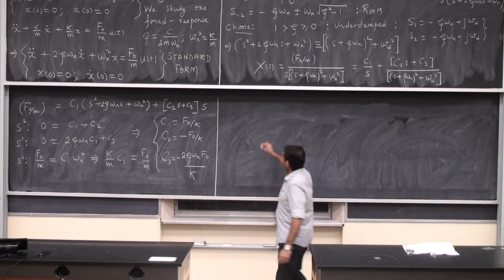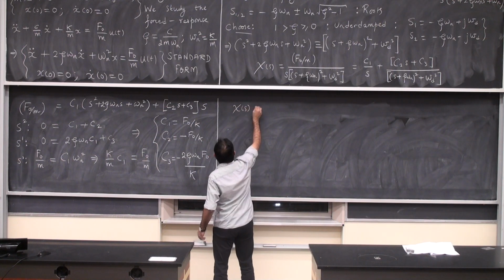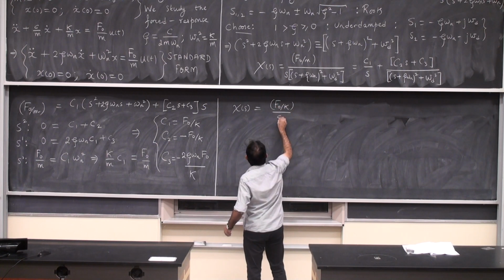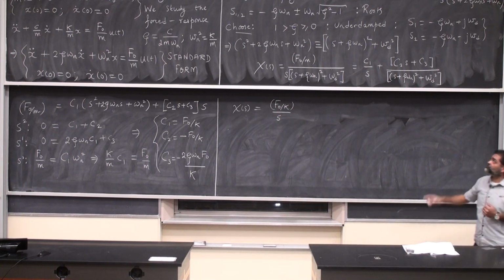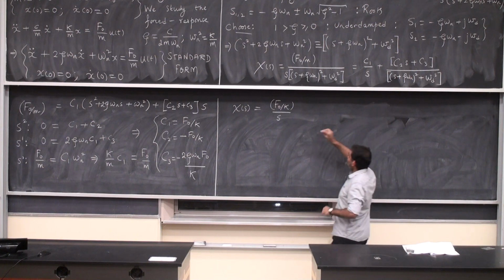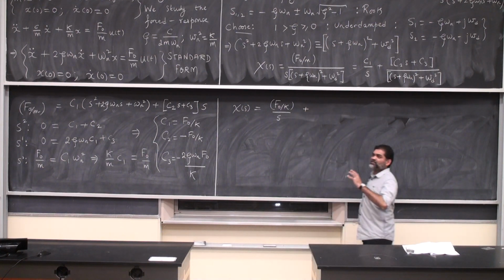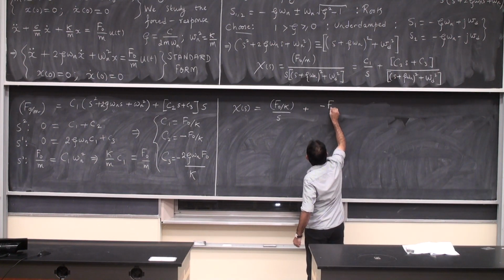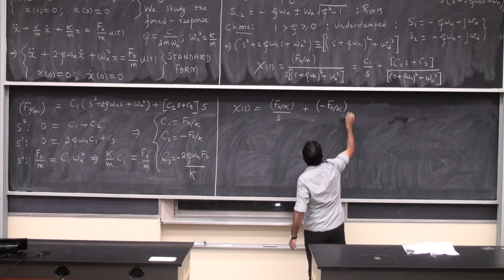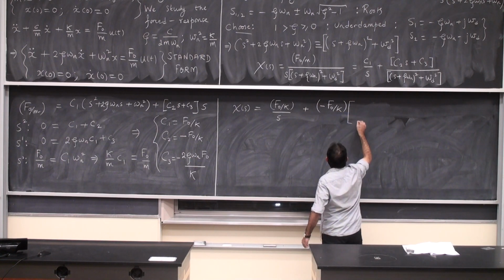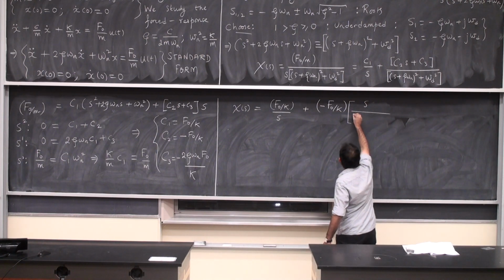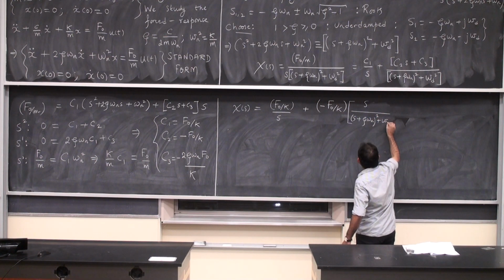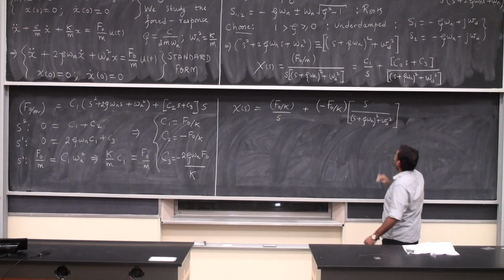If I now write my x of s, I have the following. C1 divided by s, which is F naught by k by s, right? Then I have C2s plus C3. I'm going to write C2 separately. So that's minus F naught by k times s, over s plus zeta omega n whole square plus omega d square.